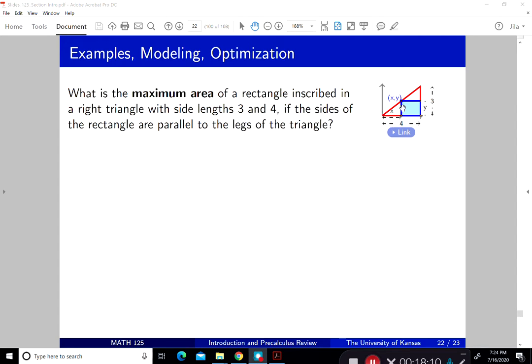But we have to find a way to relate this length to that length, and then solve for y or x in terms of the other, and that way the function is only a function of one variable.